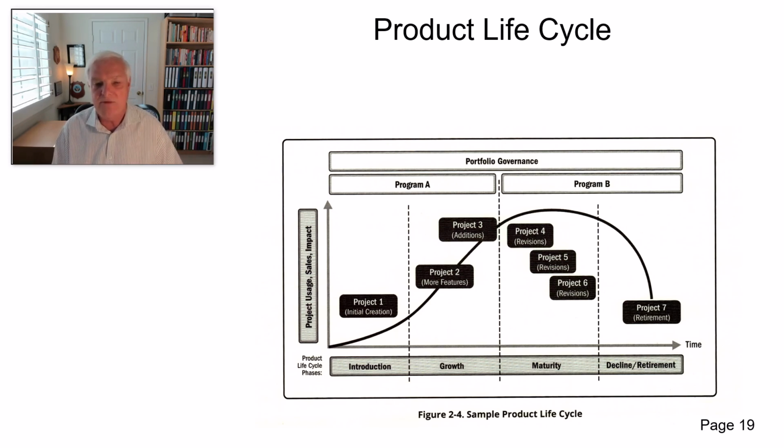This flow is based upon the introduction stage, the growth stage, the maturity, and then the decline and retirement of a project as it moves across time. The process usage, sales, and impact happen in a bow wave as we move from the end of one program into the beginning of the next one.